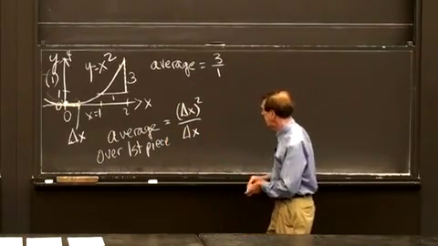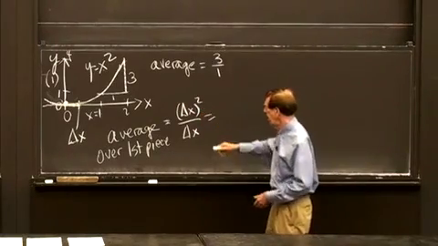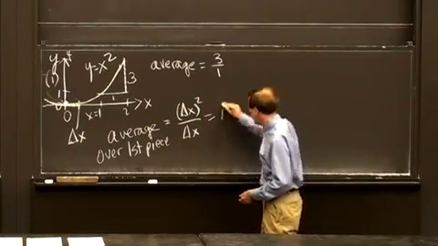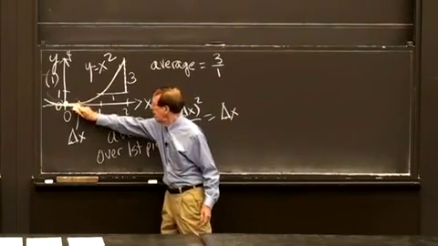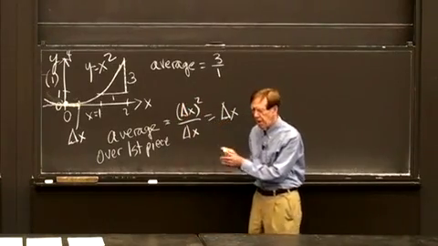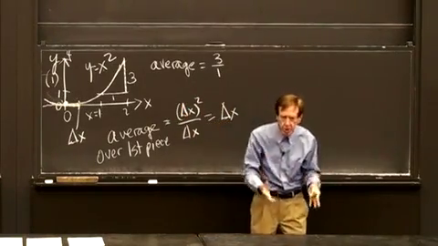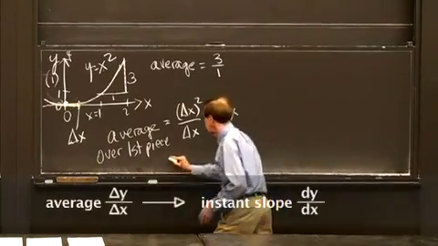And you see that the average happens to be especially simple. Delta x squared over delta x is just delta x. So the average slope is extremely small.